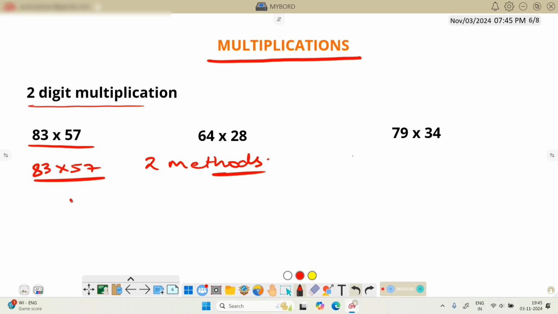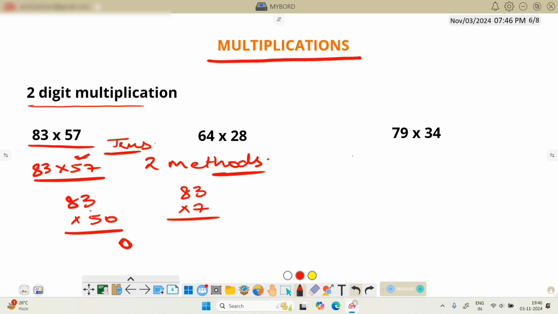Okay, the first method is you just multiply 83 into 50 because here 5 is in the tens place. Okay, the tens place is 10, so you just multiply with 50, and next you just multiply 83 with 7. So simply you keep 0 here. 5 3s are 15, 5 8s are 40 and 1 is 41, and next 83 into 7, 7 3s are 21, 7 8s are 56, and next plus 2, 56 plus 2, 58.